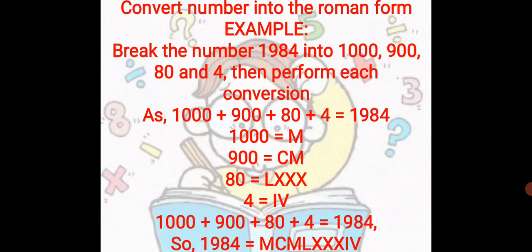Instead of 1000, in Roman numbers we will write M. 900 in Roman numbers we will write C and M. 80 in Roman numbers is L and triple X, and 4 in Roman numbers is I, V. So, what is the Roman form of 1984? The Roman form of 1984 is M, C, M, L, triple X, I and V.